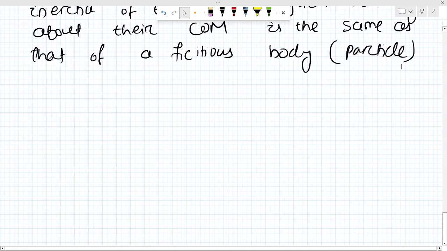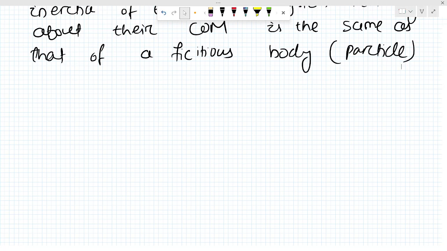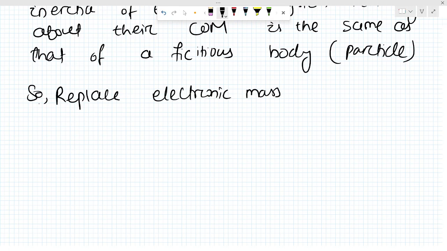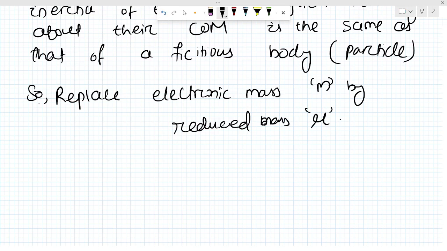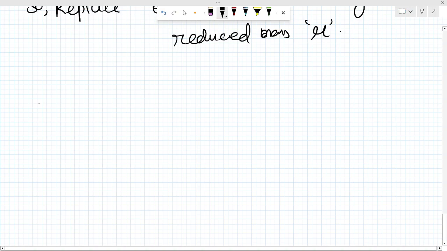Thus the effect of taking the nuclear motion into consideration is equivalent to replacing electronic mass small m by reduced mass mu. Yes, we replace small m by mu.